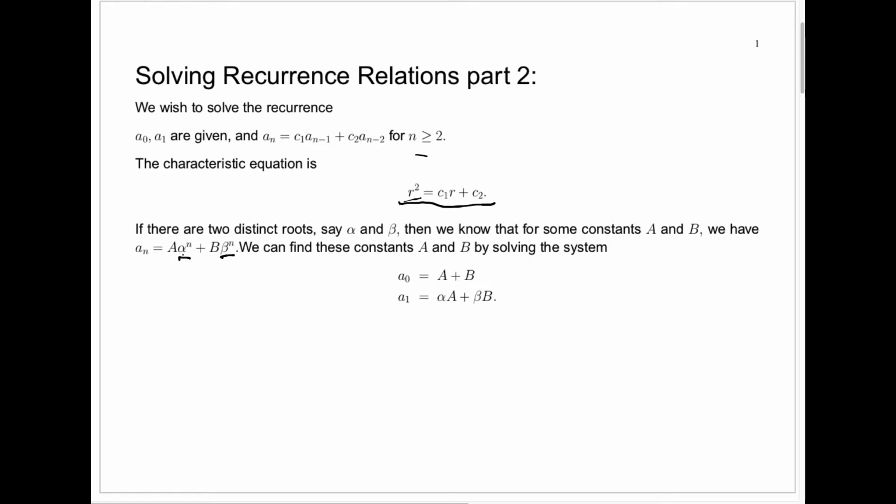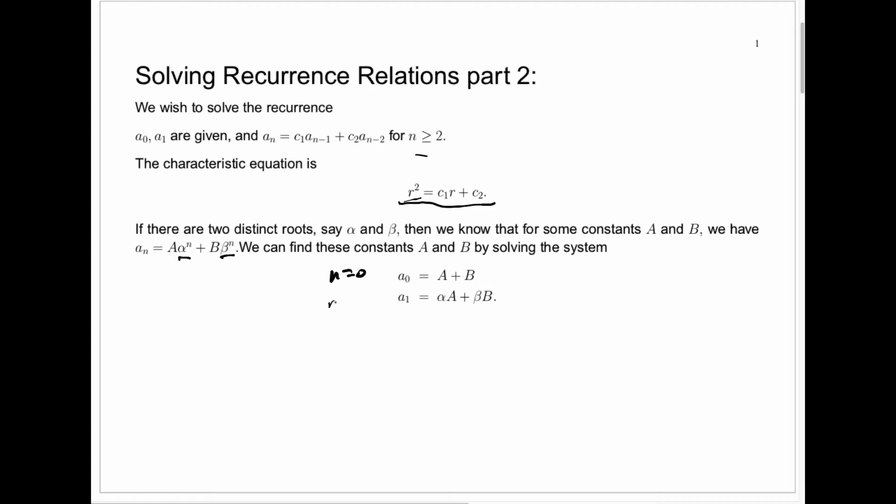That's exactly how we chose this characteristic equation, to force that to be true. And any linear combination, a times alpha to the n plus b times beta to the n, will also satisfy the recurrence relation. Then, in order to make sure that the first two terms are correct, we have to solve this system of two linear equations in two unknowns. Here, when n equals 0, we have a0 for our term, and when we plug in n equals 0 here, we get a plus b.